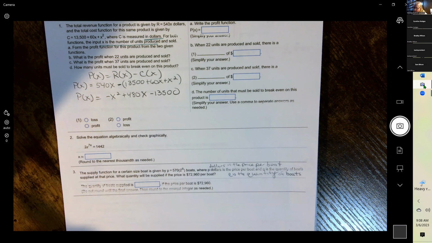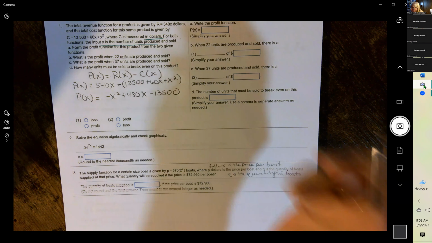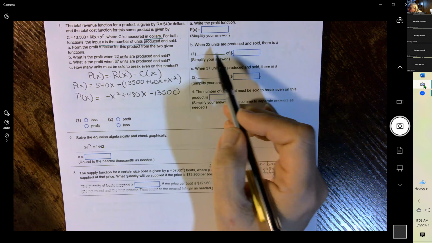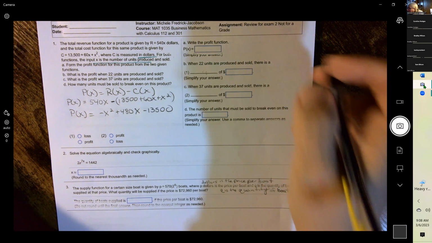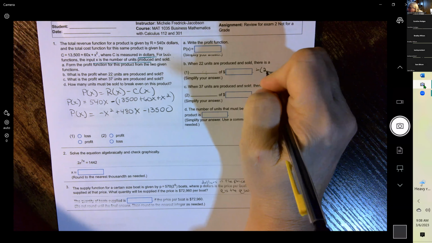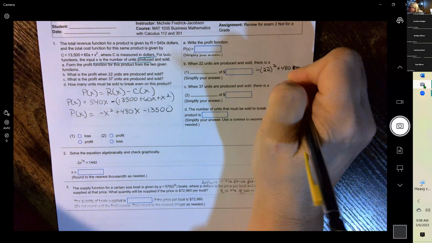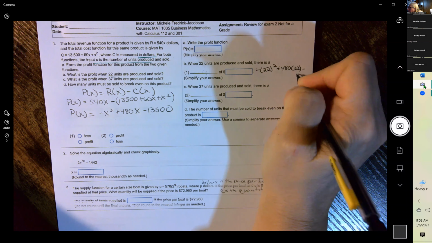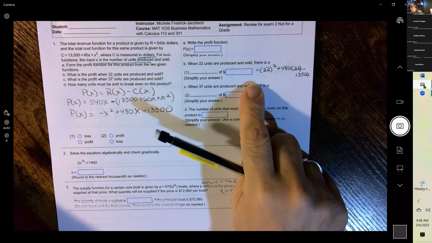So for this part, they want loss or profit. Notice when you plugged it in, did you get a negative answer?